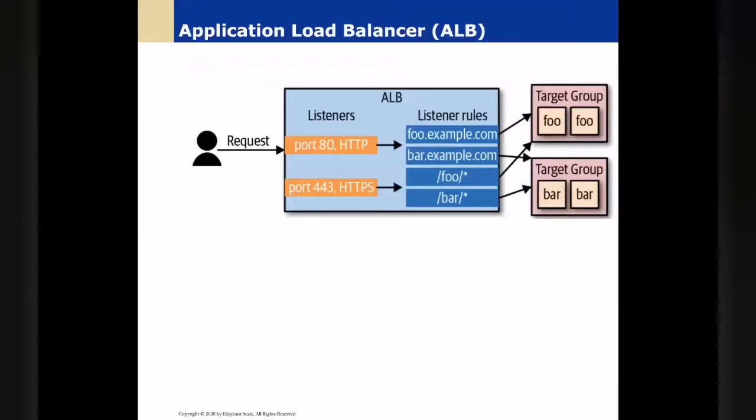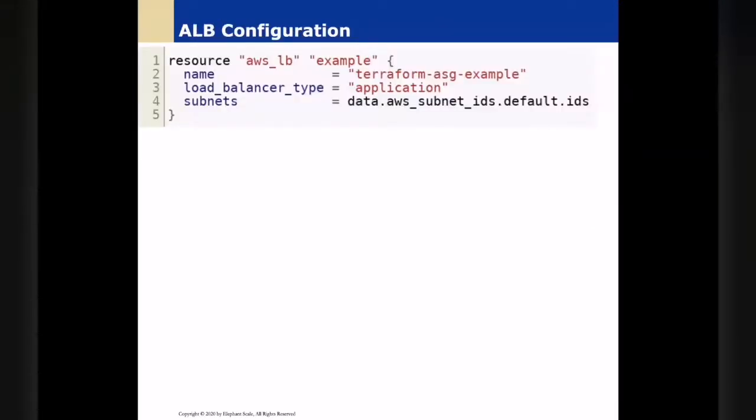Okay. And here's an application load balancer. That's the one that we're using. And that's how we're saying that's what you need to do. The type of load balancer is application, that is the subnet from which you're getting your instances, and that's where you yourself will be residing.